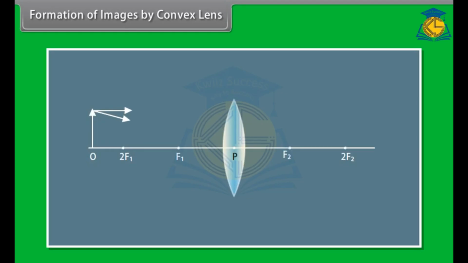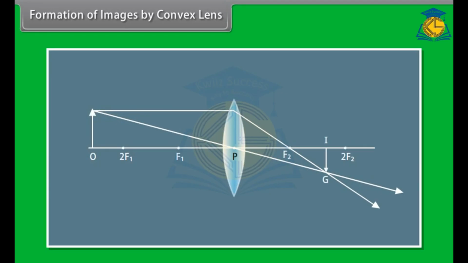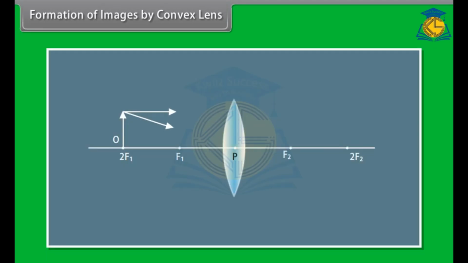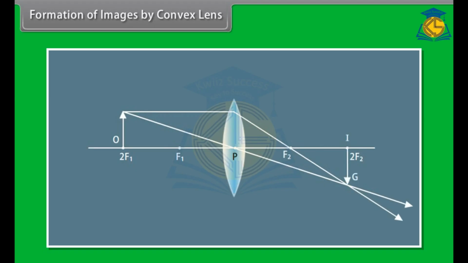When the object is placed beyond 2F, the image is formed on the opposite side between F and 2F. The nature of the image is real, inverted, and diminished. When the object is placed at 2F, the image is formed at 2F on the opposite side.